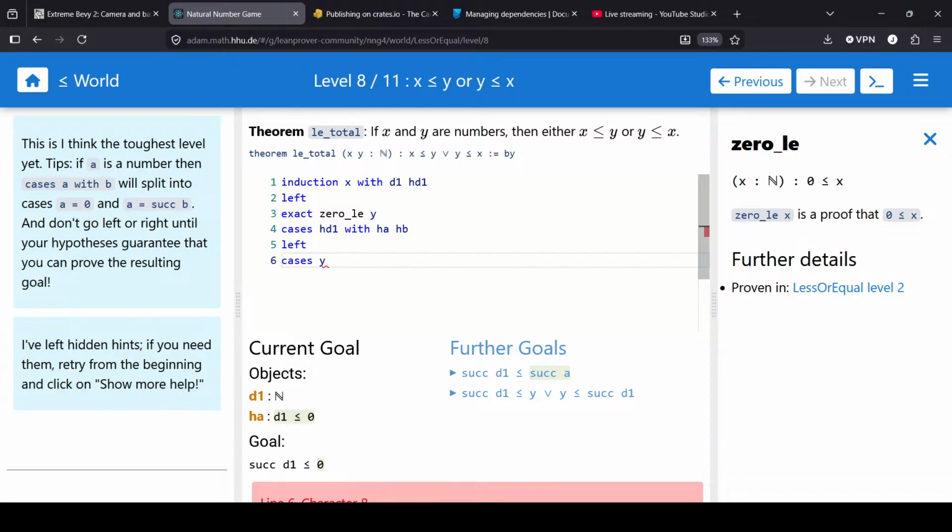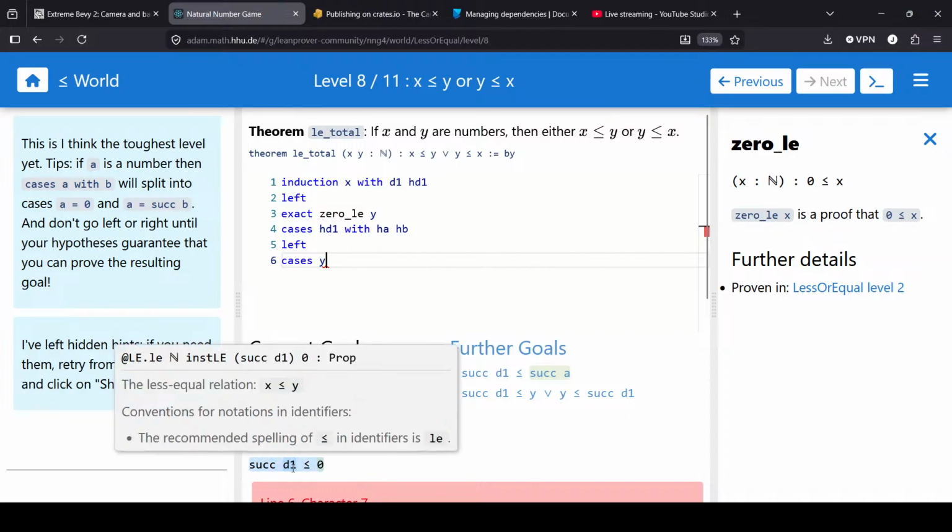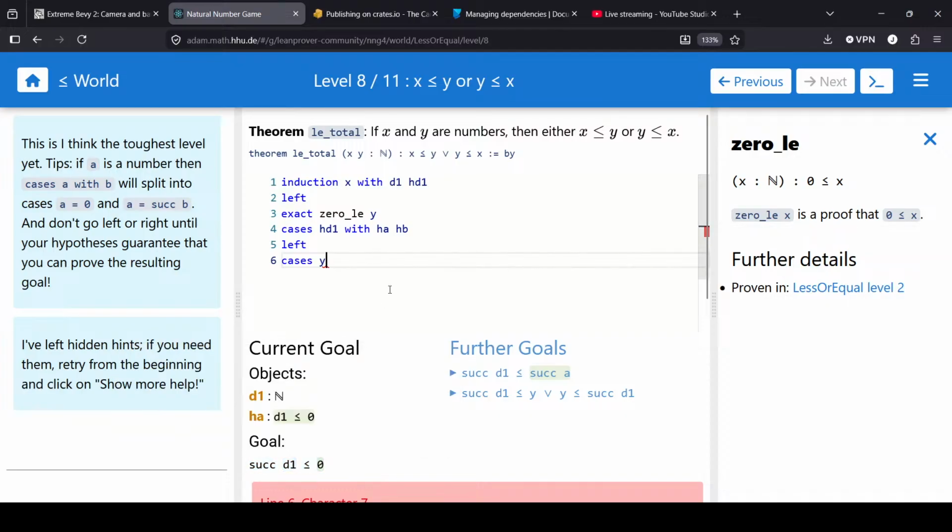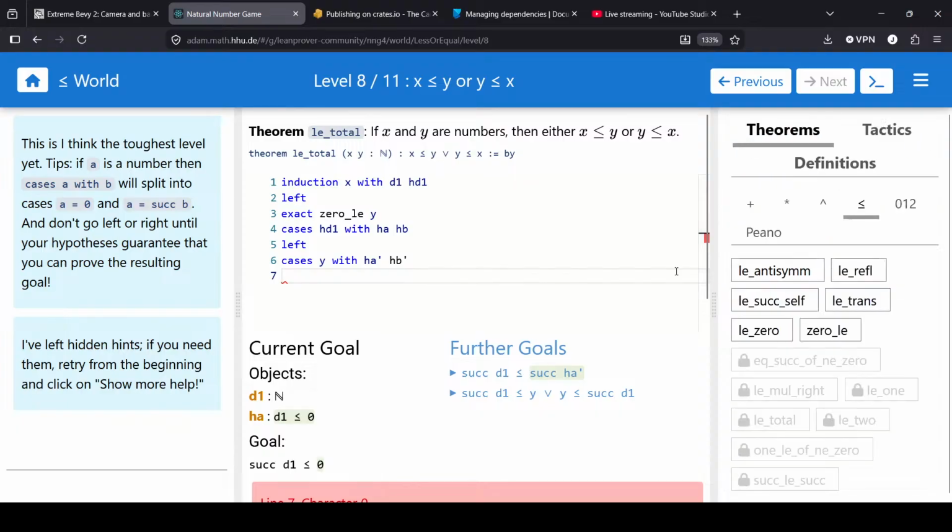I feel like I should be able to rewrite this goal somehow so that if I can prove that this is nonsense. Well, doesn't this prove that D1 is 0?